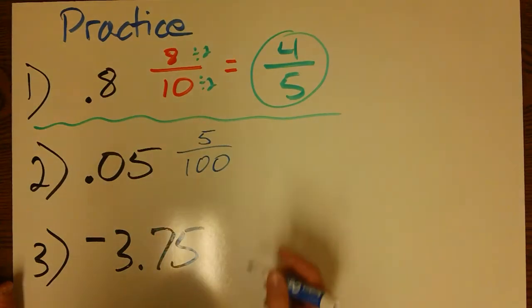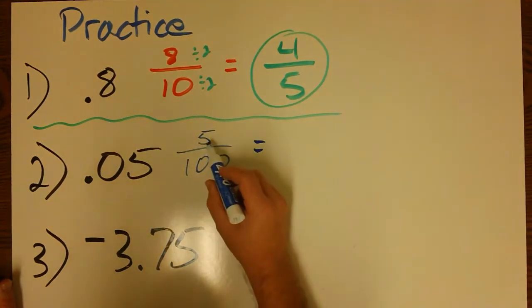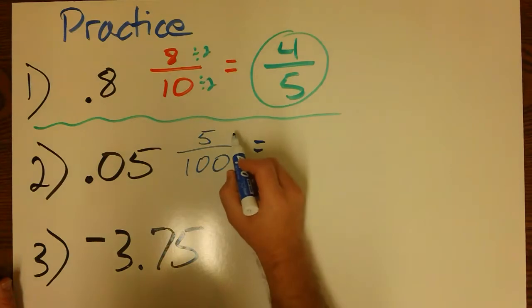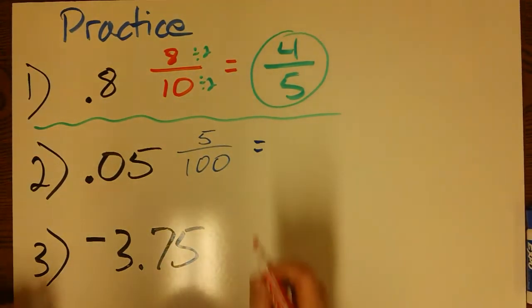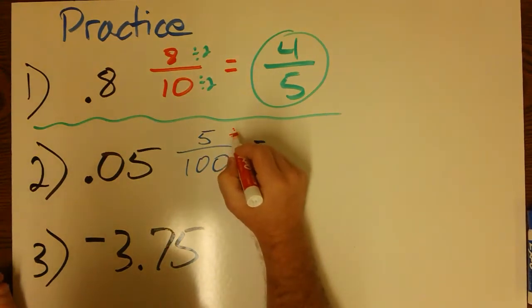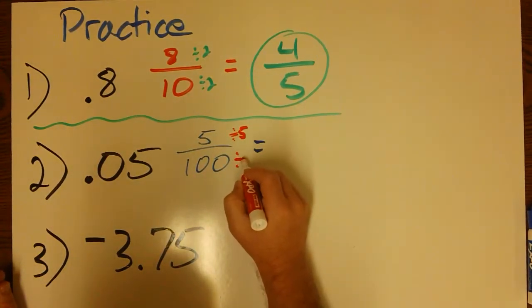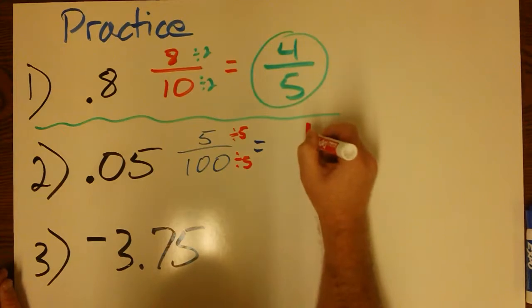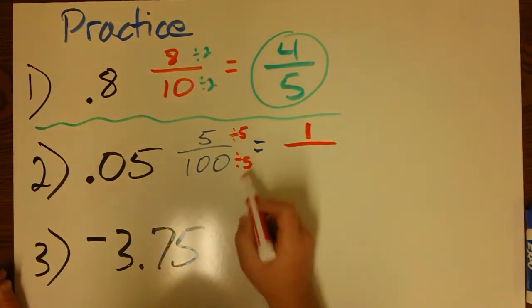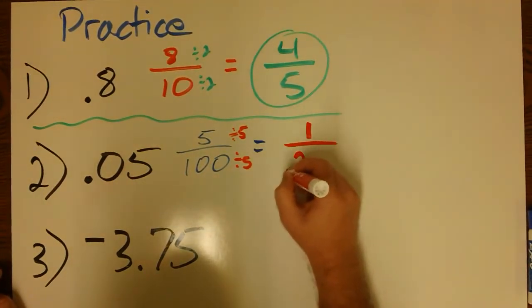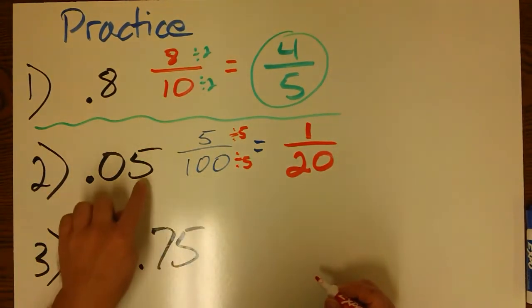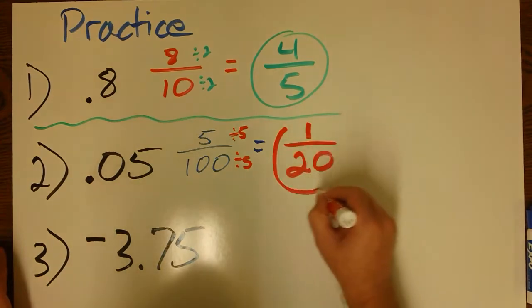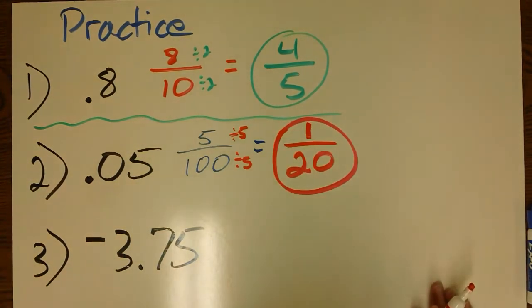Again, we are going to reduce, and 5 will go into 100, so we're going to divide both the top and the bottom by 5. 5 goes into 5 one time, of course, and 100 divided by 5 is 20. So the decimal of 0.05 or 5/100ths as a fraction is 1/20th.